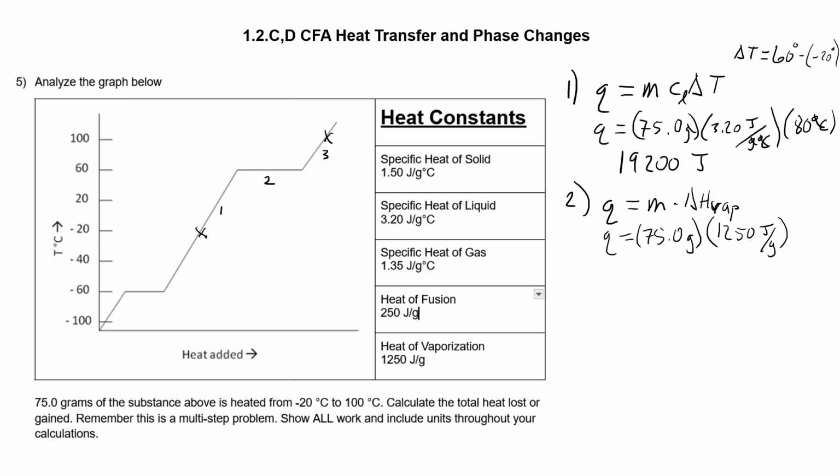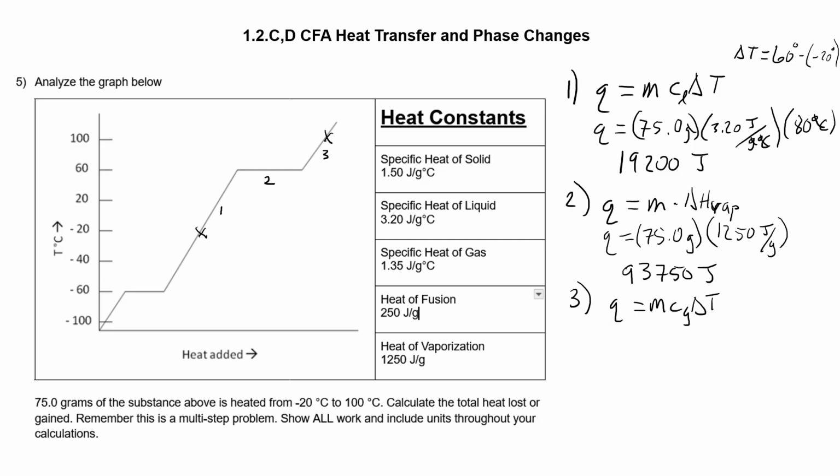Let's do that math really quick. 75 times 1,250, and I get 93,750 joules. All right, let's do step 3 now. This is the top line here. We can go back to using mc delta T, but this time our specific heat capacity is tied to the gas.